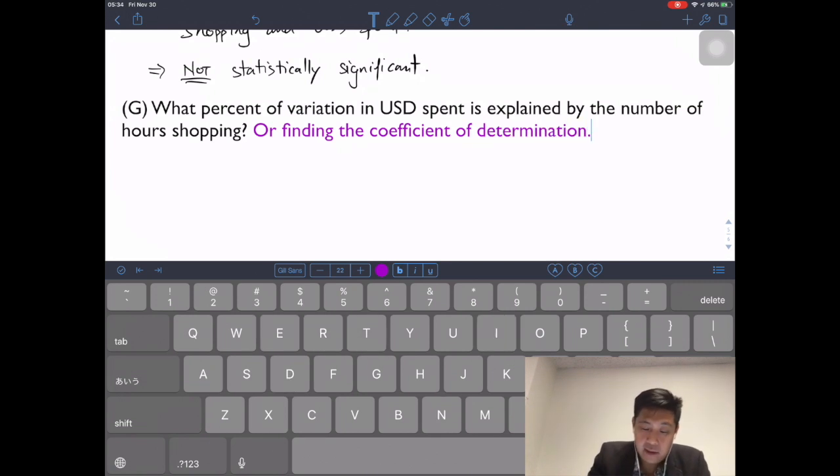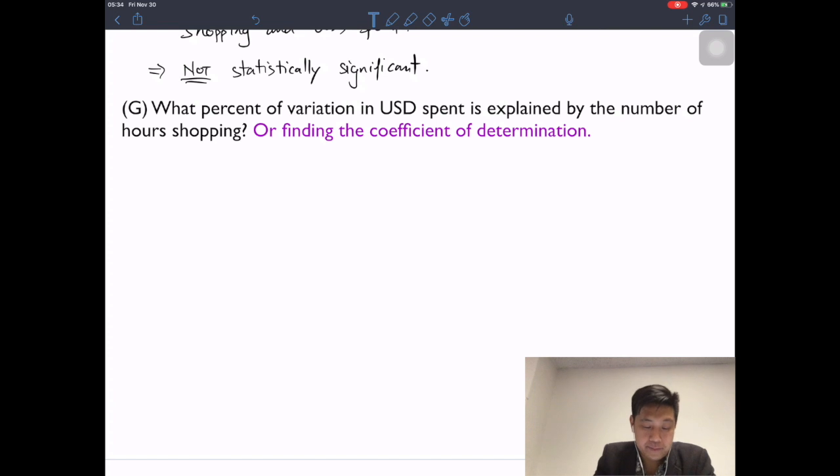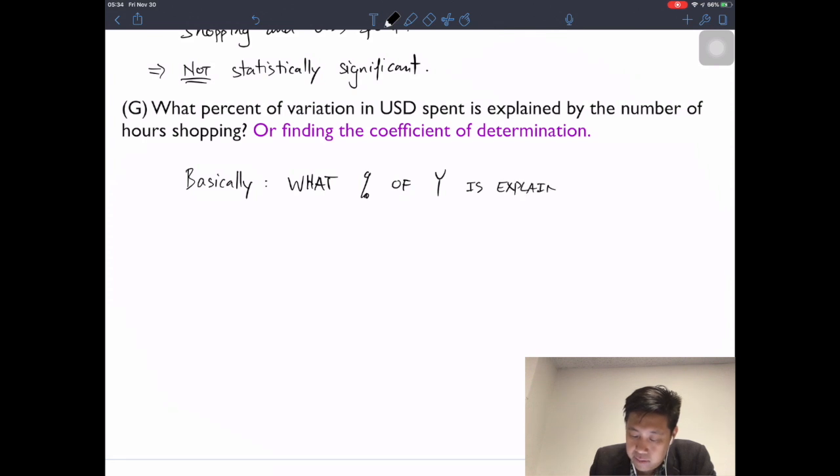Okay, but basically, this is what you're being asked: what percent of the y variable is explained by the x variable? That's all it's asking. Very straightforward.